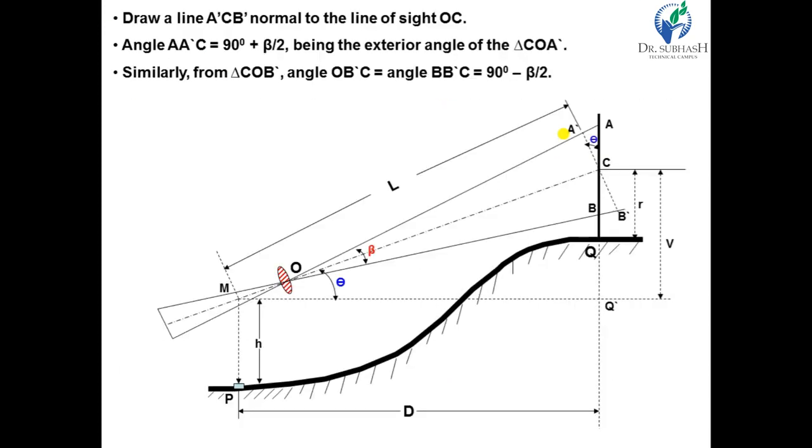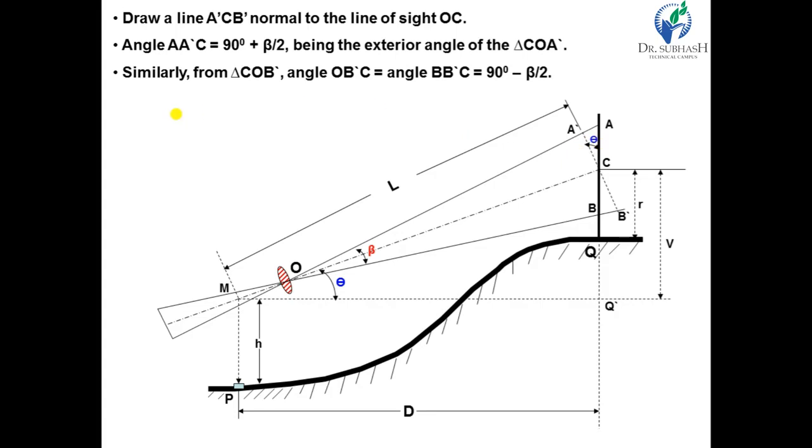Now draw the lines A dash C B dash normal to the line of sight OC. Angle A dash C is equal to 90 plus beta by 2, being the exterior angle of triangle COA. That is the exterior angle of triangle COA, right? So that angle and that angle are the same.